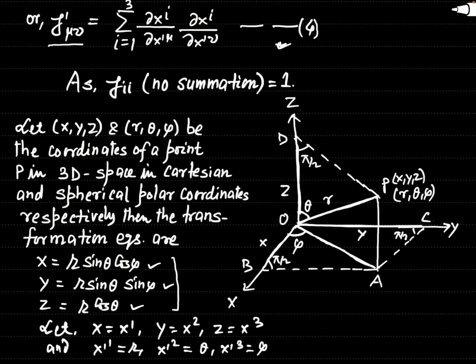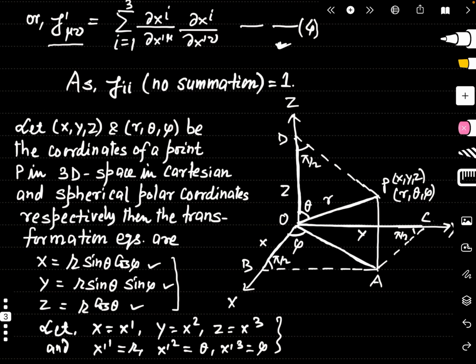First of all, we will take mu and nu both equal to 1, then both equal to 2, then both equal to 3. So you can find the value of g prime mu nu on the basis of this equation 4 in the light of these symbols. So you can see it here.